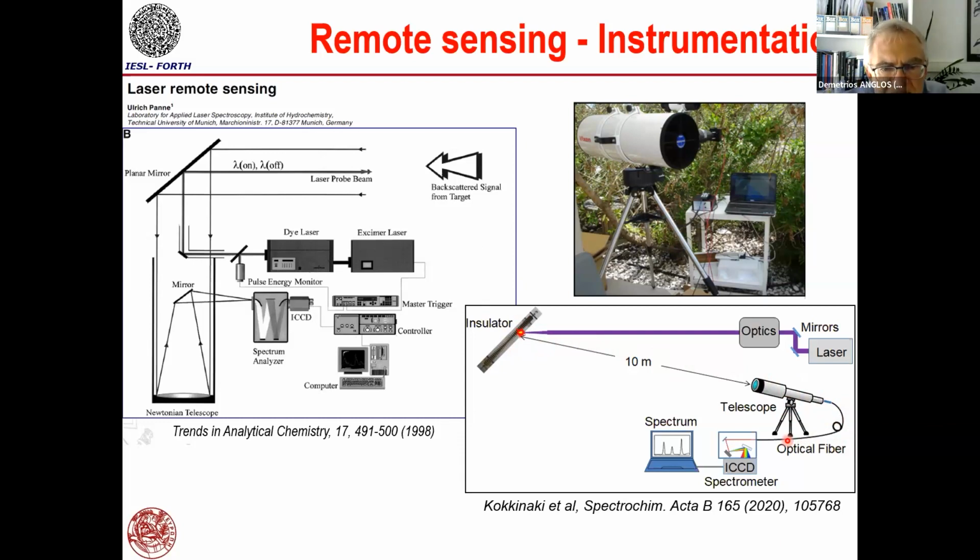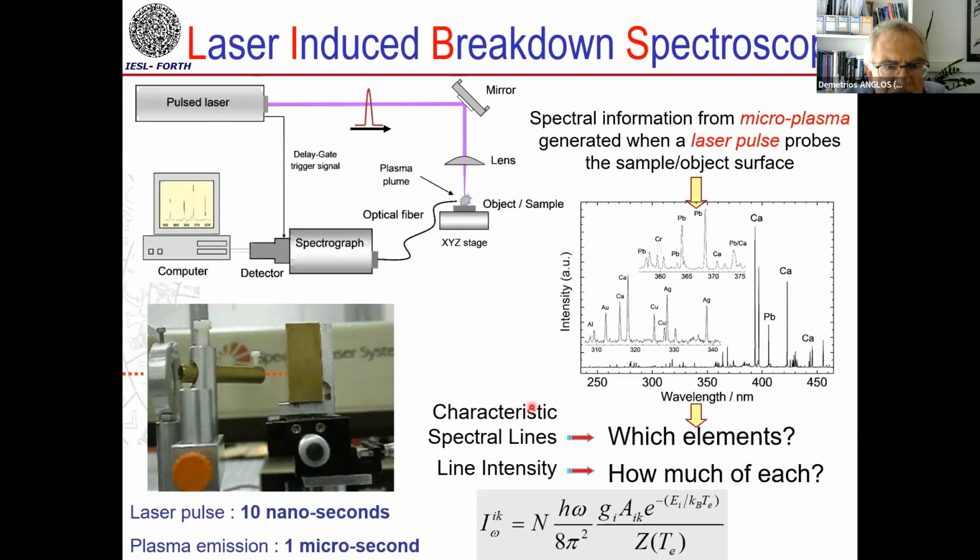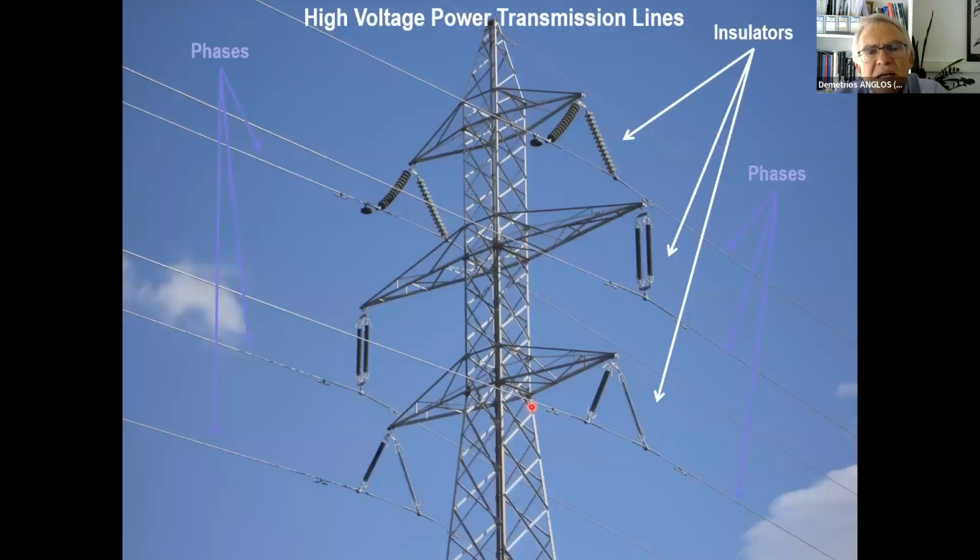I will stay a little bit on this example. You see that our target is actually an insulator, and I will show you what insulator I mean. It's right here. These are high voltage power lines, and among the various wires and cables that we have there, we have insulators, which I'm showing on the slide.